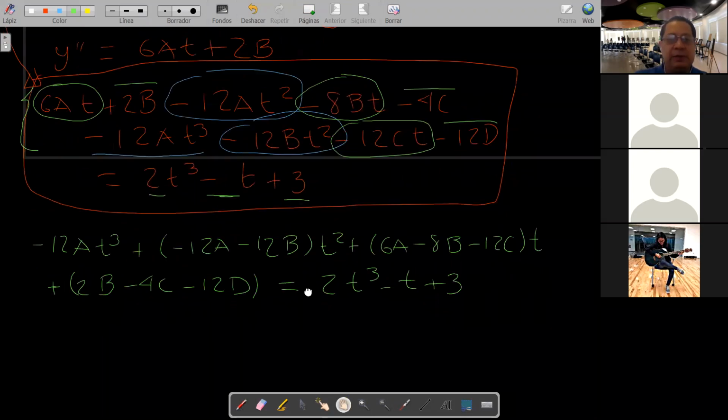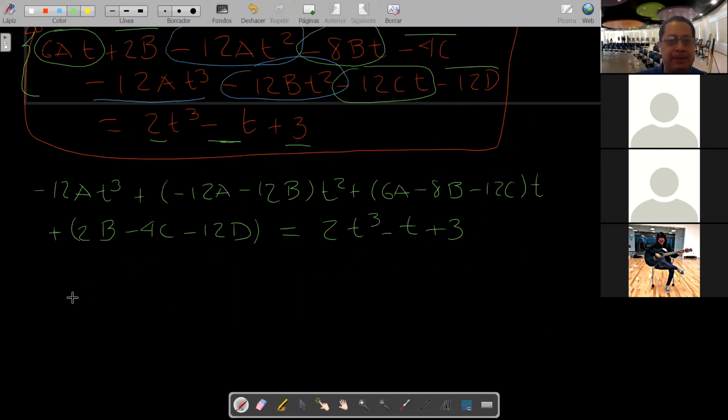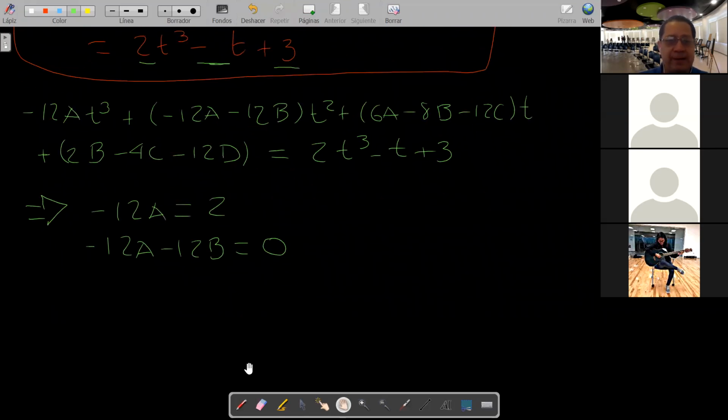So this equation implies that -12a has to be equal to 2. That's our first equation. -12a minus 12b should be equal to 0 because there is no t squared on the right side.